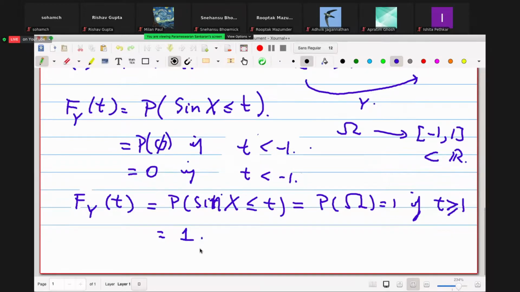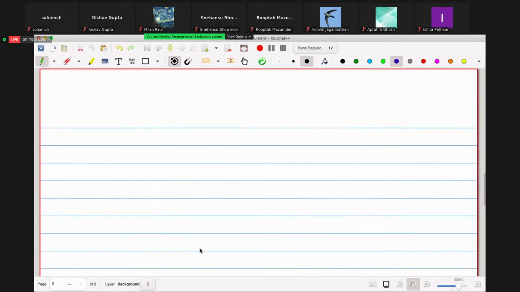So the analysis therefore boils down to just considering minus 1 less than t less than 1. We need to compute F_Y of t for t in this range.